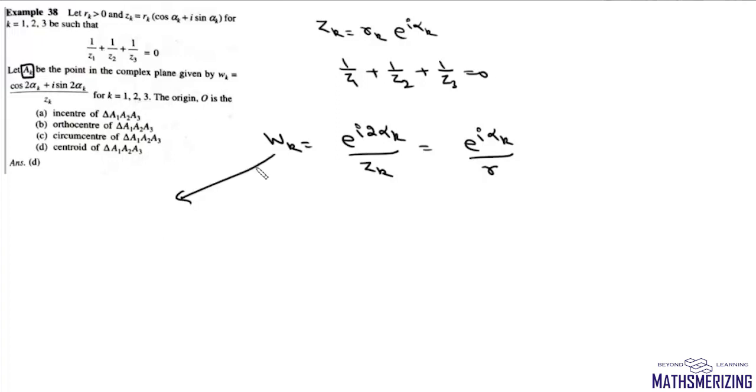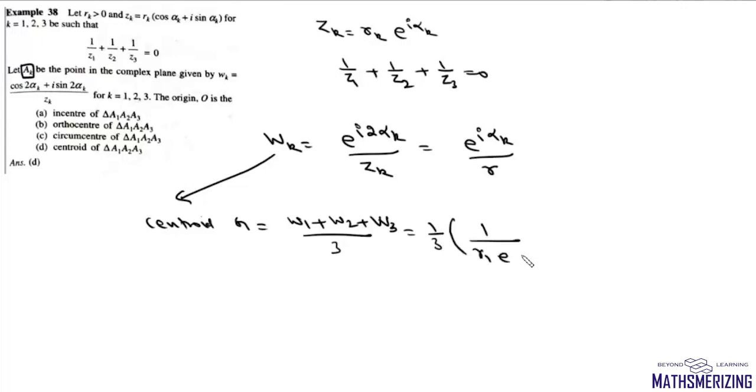Now if we find the centroid of this triangle G, then it will be (W1 plus W2 plus W3) by 3. So it will be 1 by 3 and then 1 upon R1 e to the power minus iota alpha 1 plus 1 upon R2 e to the power minus iota alpha 2 plus 1 upon R3 e to the power minus iota alpha 3.